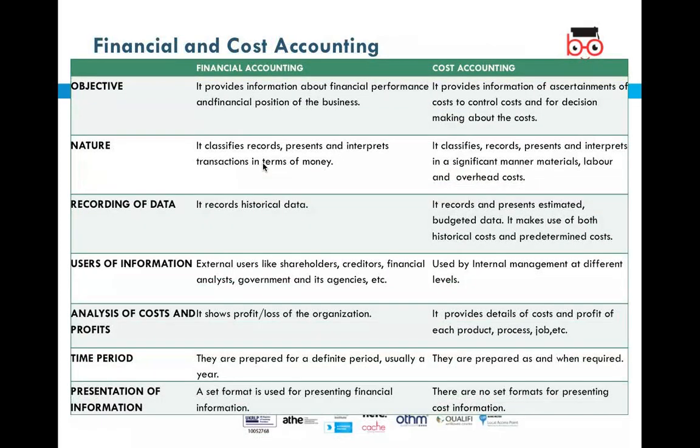There is also a difference between financial and cost accounting. As we can understand, financial accounting is very much for external purposes, and I have to be very meticulous and very periodical. And cost accounting provides information for ascertainment of cost, to control cost and for decision making on cost.